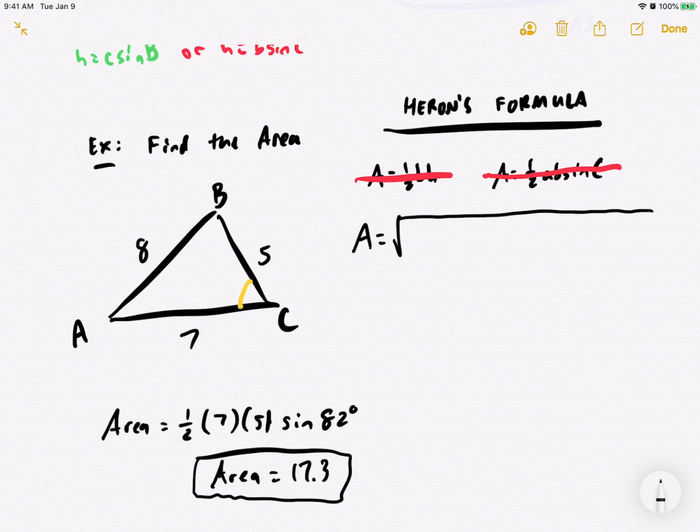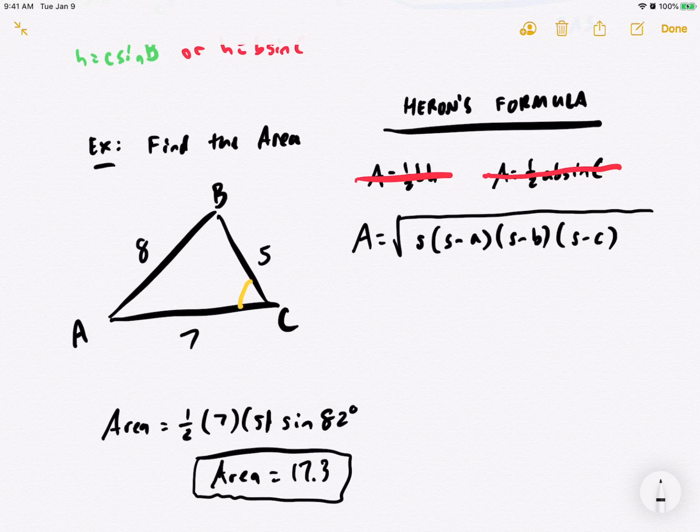His area formula looked like this: the square root of s times s minus a times s minus b times s minus c, all under a radical, will give you the area. But what's s? Do we have to calculate something new?